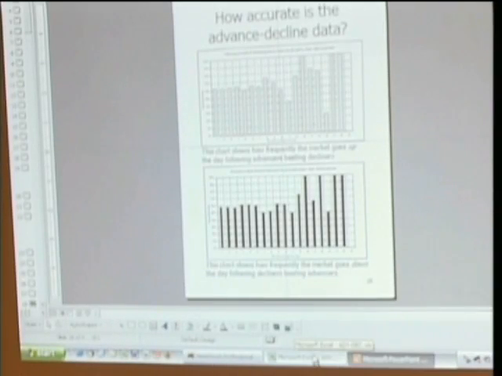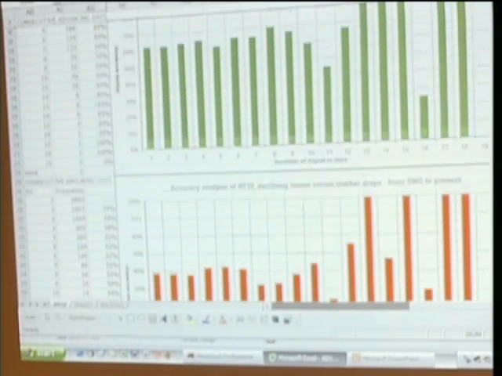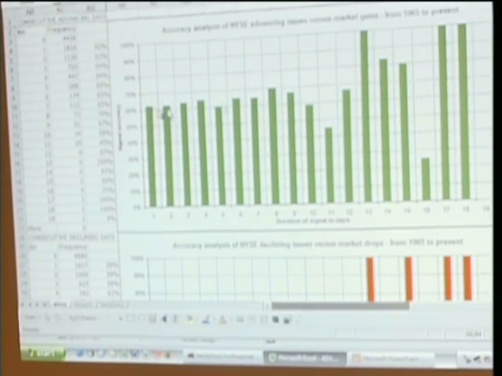Look at this chart here. This is a colorized version of the chart. Let's say that on Thursday, decliners beat advancers.